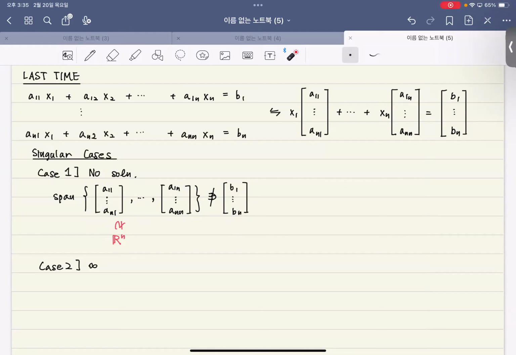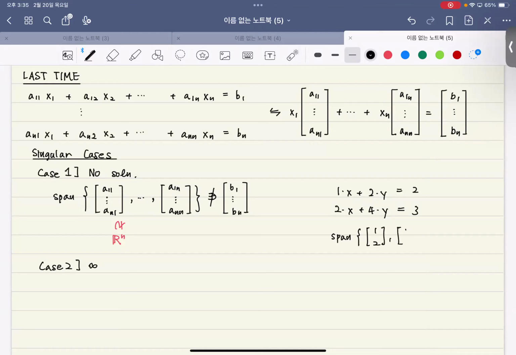So maybe 1 times x plus 2 times y, and 2 times x plus 4 times y. This is a toy example. So what is the column space of this? Sorry, what is the span of columns of this system? (1, 2) and (2, 4).